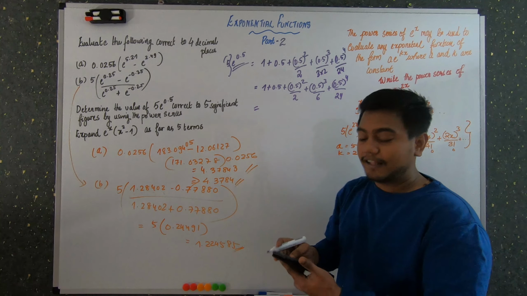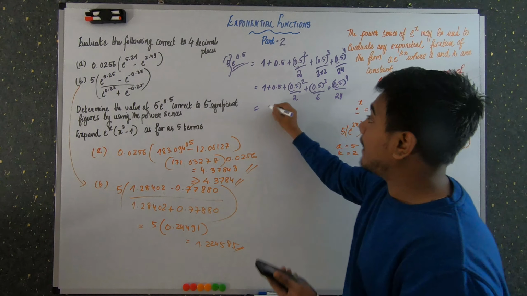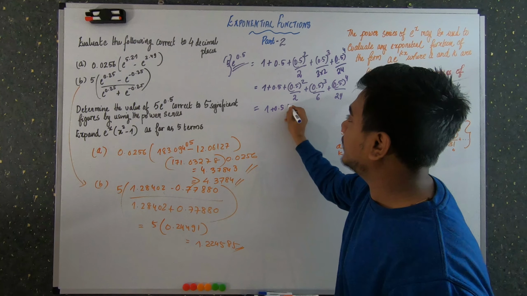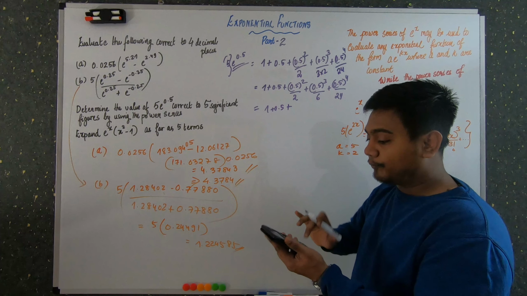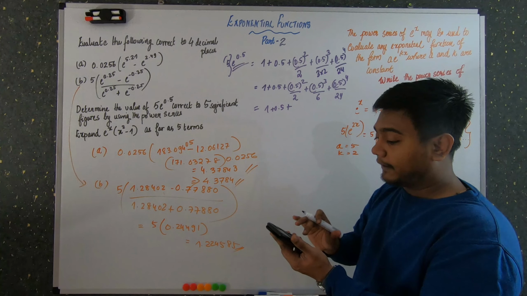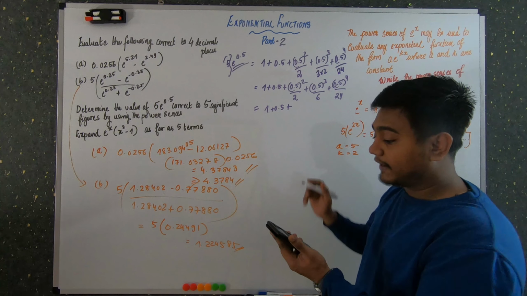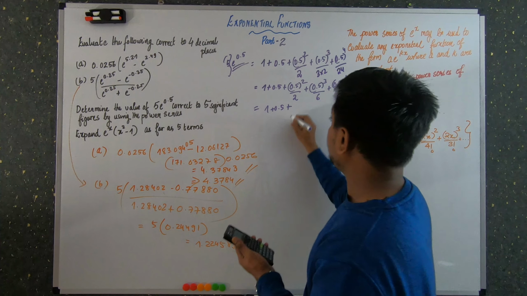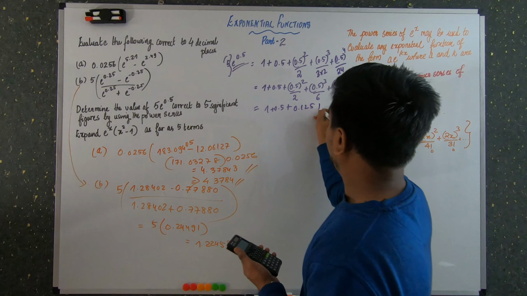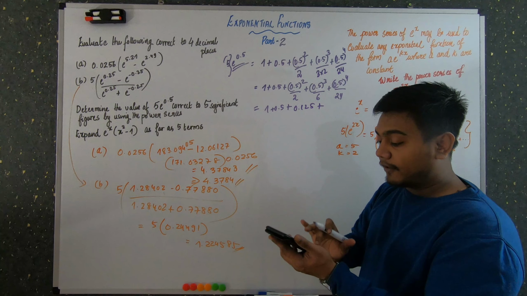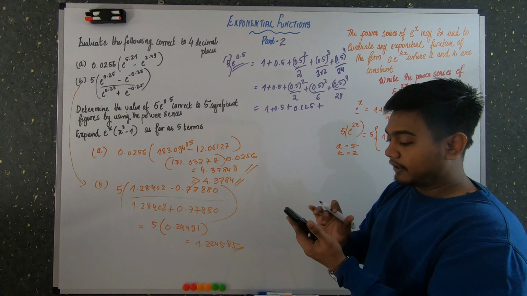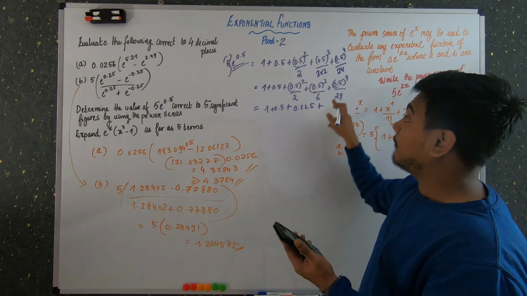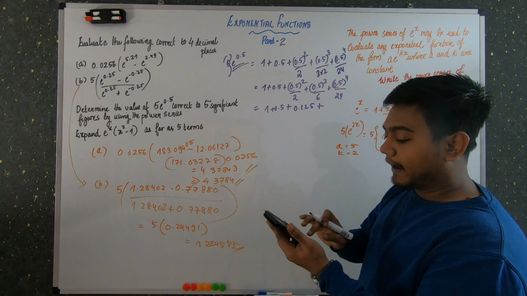Okay, so now let's find the final answer. 1 and 0.5 I am already writing here. Next, 0.5 the whole raised to 2 divided by 2, that is 0.125. Okay, now 0.5 the whole raised to 3 is 0.125 divided by 6.